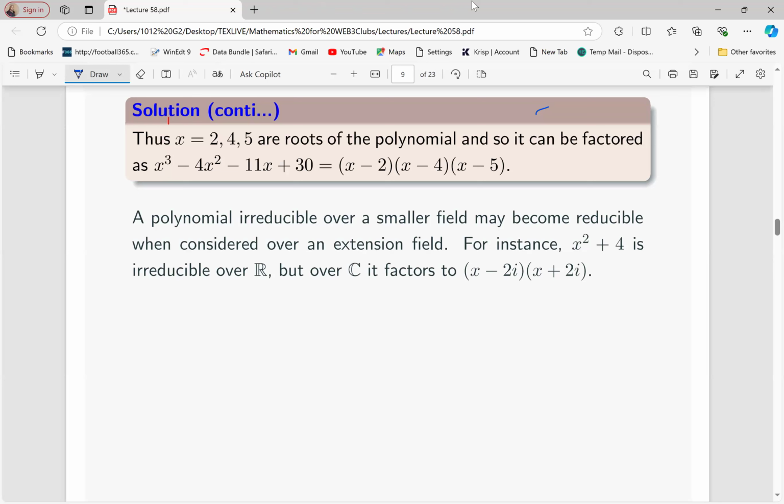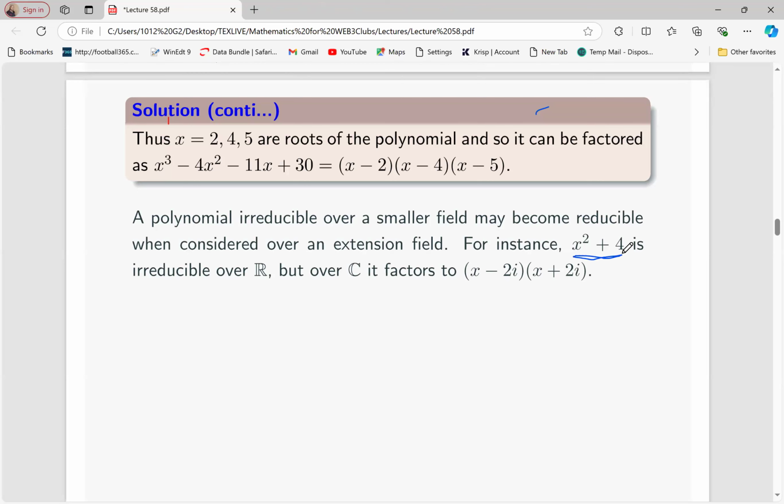We know that it can be reduced in another field. It's only that we would then be considering some other field. For instance, we were able to factorize this earlier. I think it was mod 6 or mod 8, whichever.